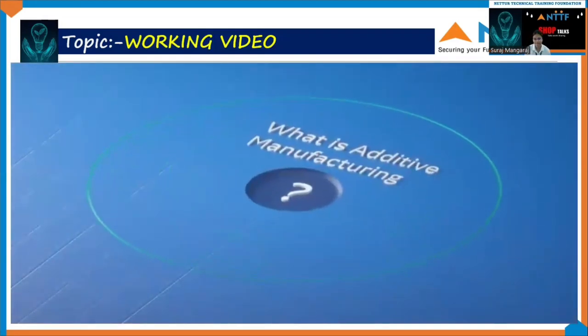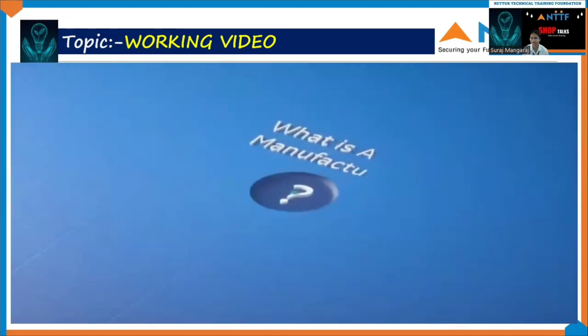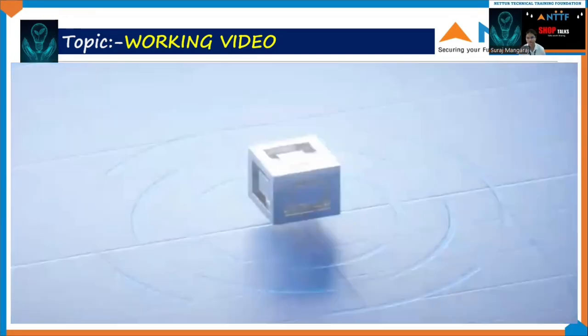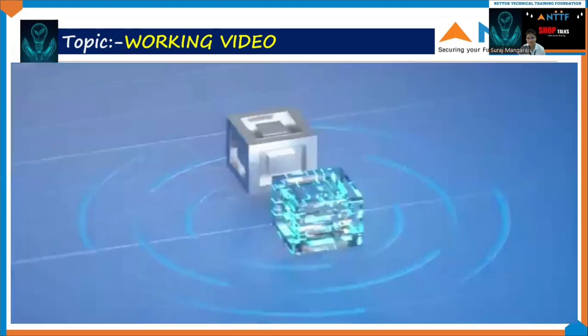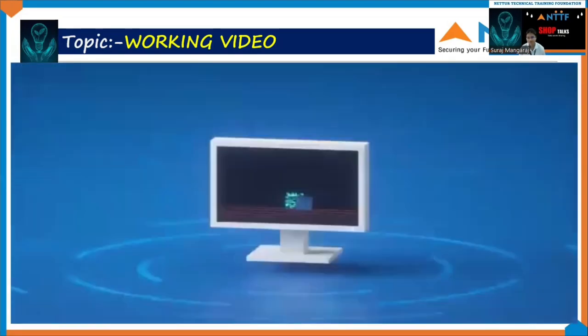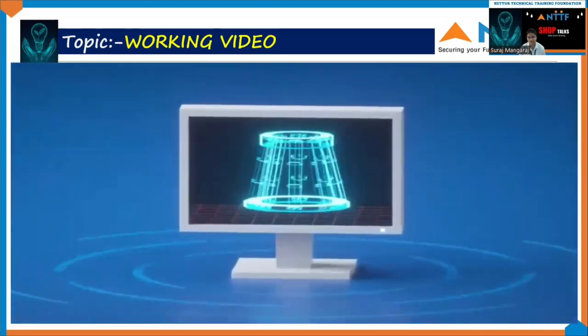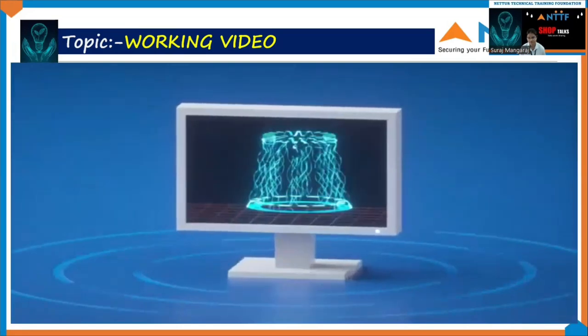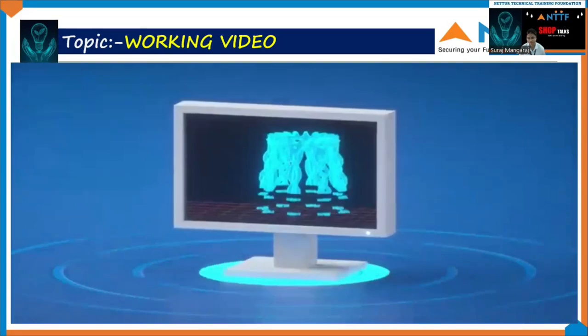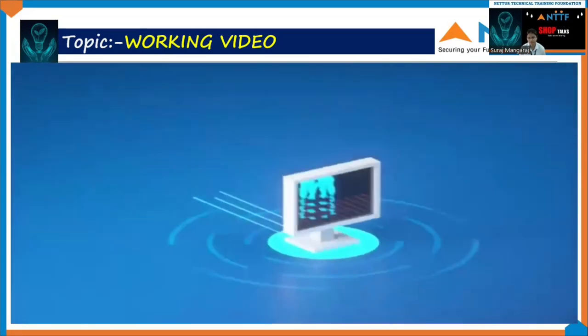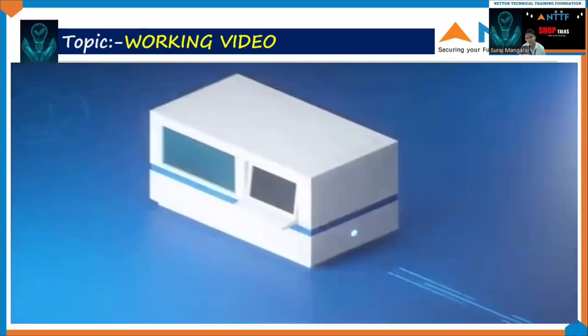What is additive manufacturing? Additive manufacturing, also known as 3D printing, is a process that creates a physical object from a digital design. An engineer designs the object using computer-aided design, or CAD software. The 3D design file is then sliced into thin layers and uploaded to an additive manufacturing machine.